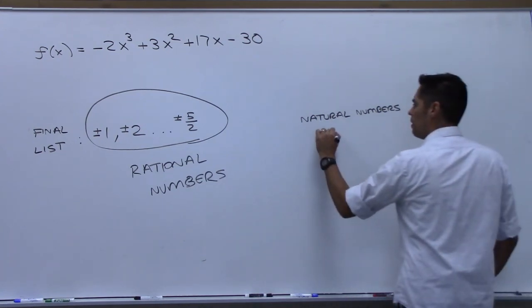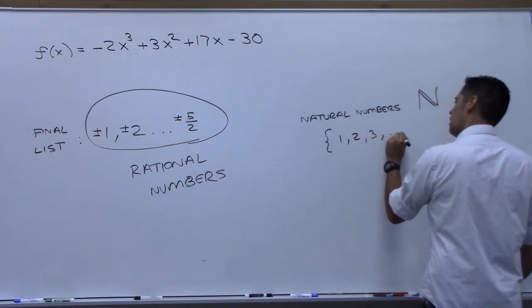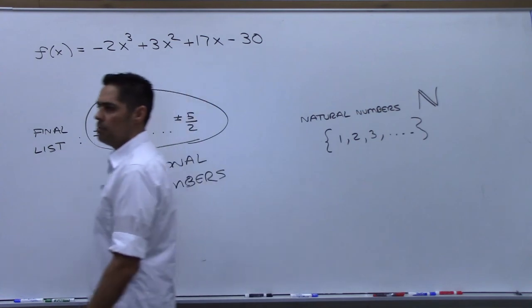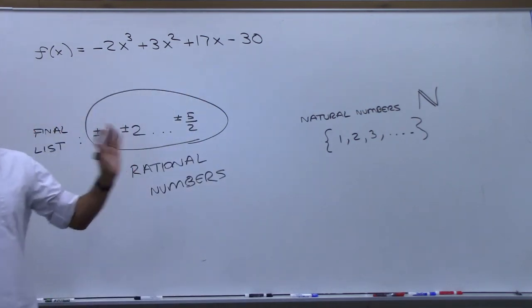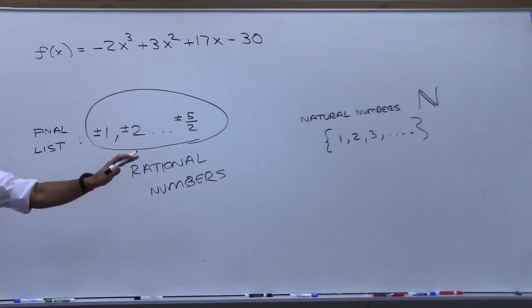This is 1, 2, 3, forever. So negative infinity, positive infinity? No, it's just 1, 2, 3. Keep counting. Those are your natural numbers. 1 to infinity, but not numbers in between them. Nothing between them. So 1.5 is not in the natural numbers.